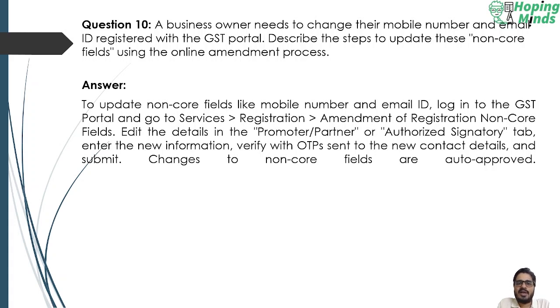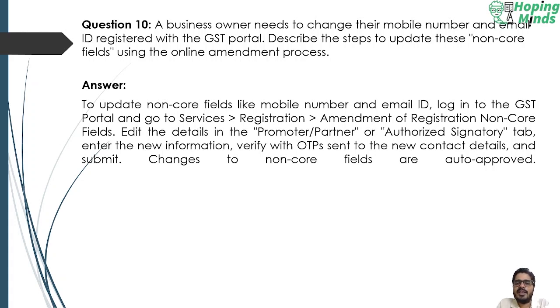Here, to update a non-core field like mobile number and email ID, first we have to log into the GST portal and go to services. Under the services tab we have registrations. Under the registration we have amendment of registration non-core fields option. We have to choose this option.